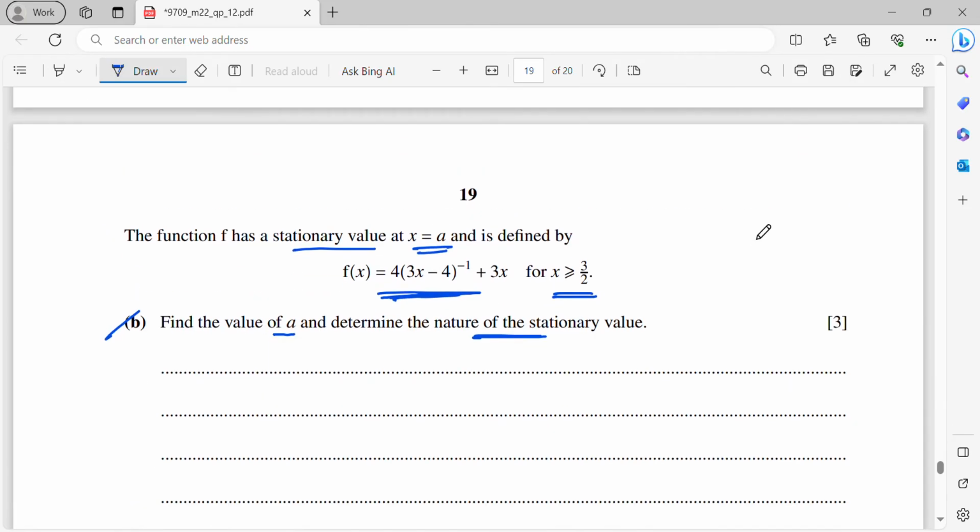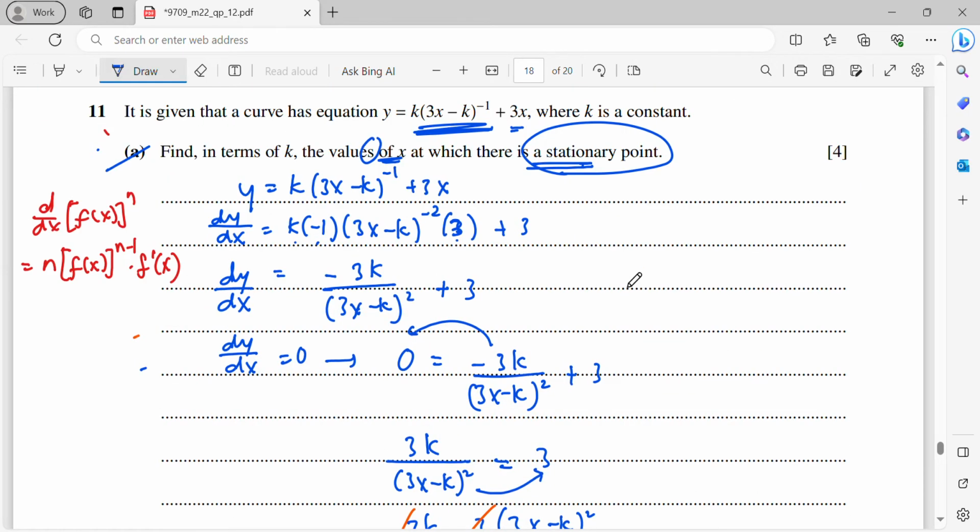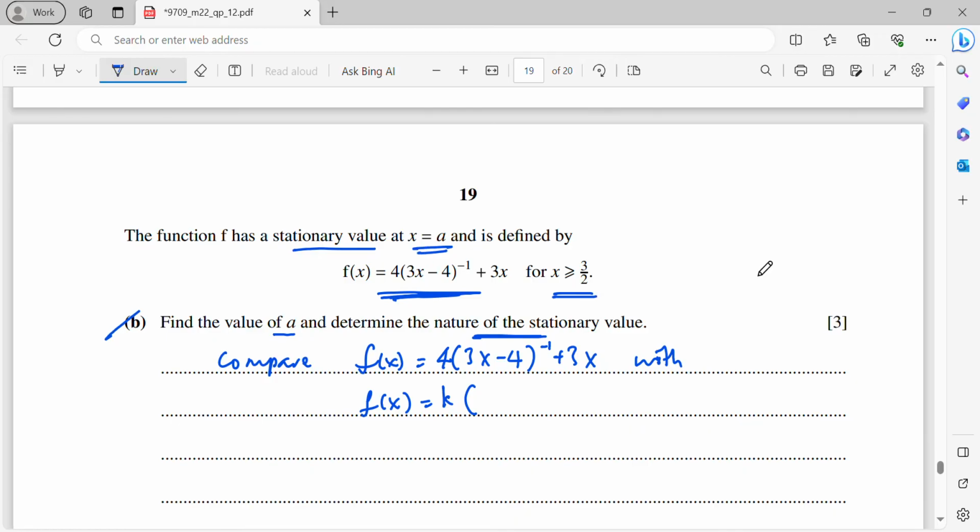So I will write, compare f(x) equals 4 times (3x minus 4) to the power of -1 plus 3x with f(x) equals k times (3x minus k) to the power of -1 plus 3x.